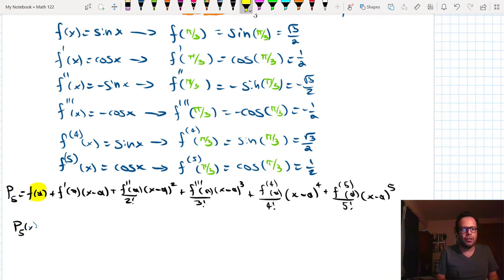f of a, which in this case is f evaluated at pi over 3.